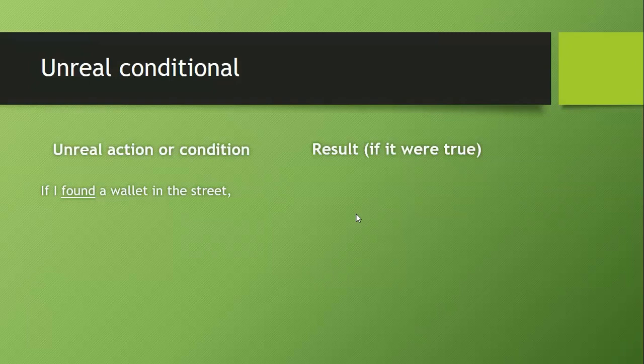Then, if I found a wallet in the street, most of the time this kind of conditional is used to make these cautions about ethical choices or choices in your life or situations in your life, like two or one or five years ago, or something that you were able to do but you didn't do.